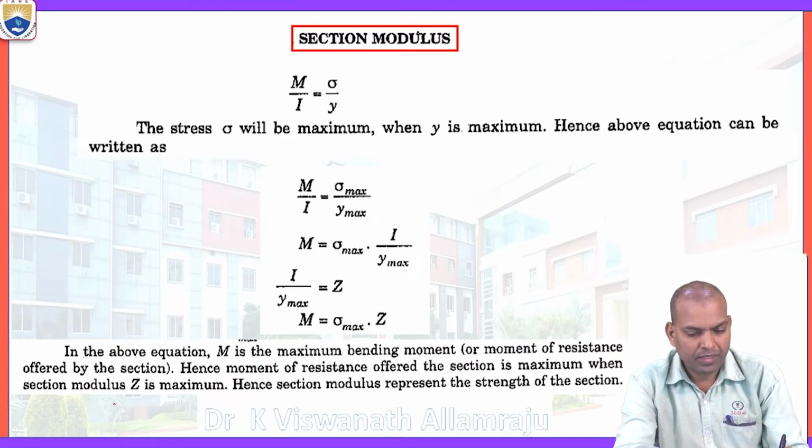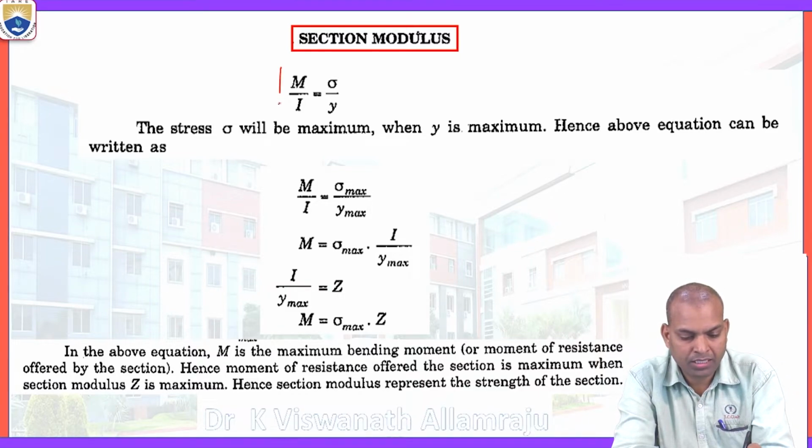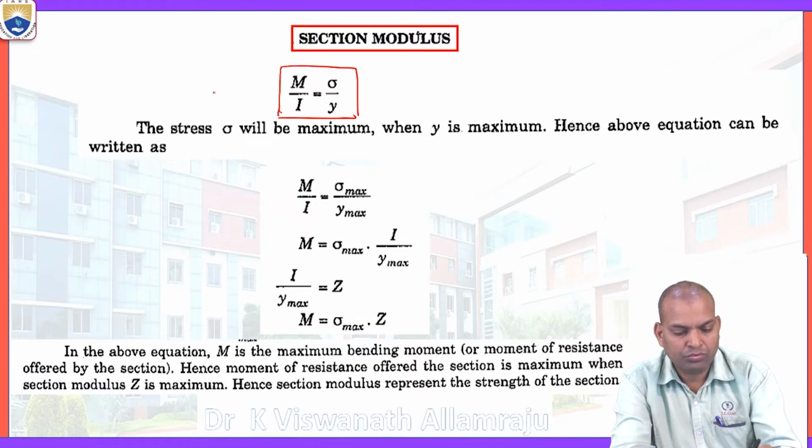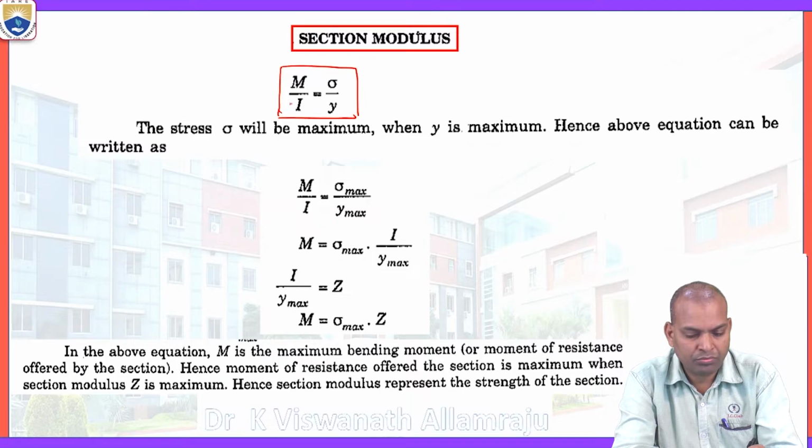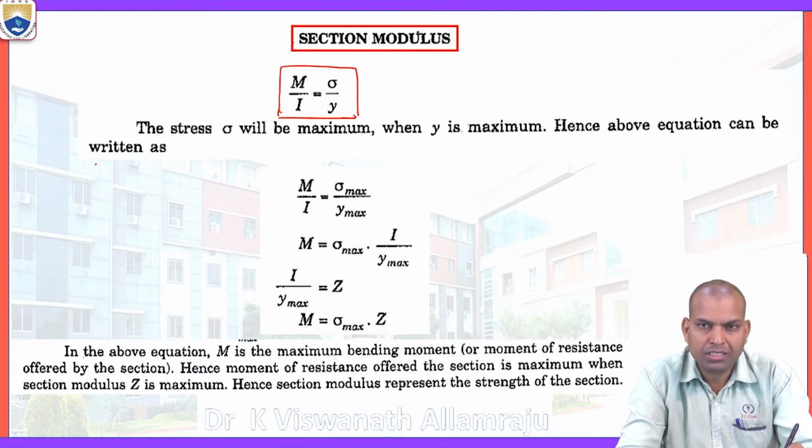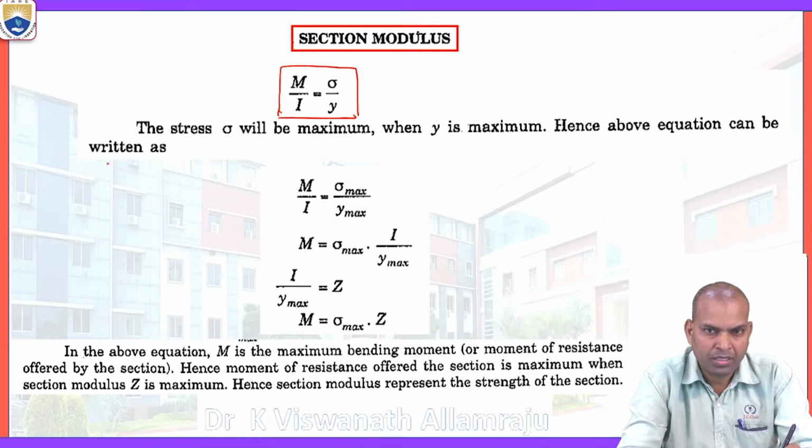Now here, from the pure bending equation, M by I equal to sigma by y, where M equal to sigma maximum times I by y maximum. Here the stress sigma becomes maximum when y is maximum.